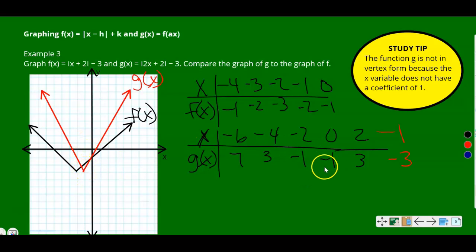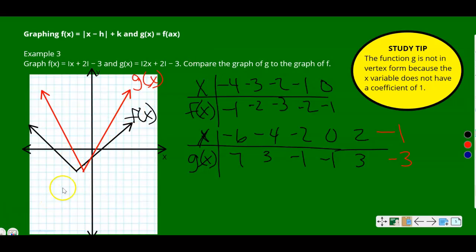These 2 points indicated that there had to be a point in between here to be that turning point, the vertex. So that's why I chose the negative 1 to find the negative 3, and I can assume that that is the vertex. Now, it says to compare the graphs.